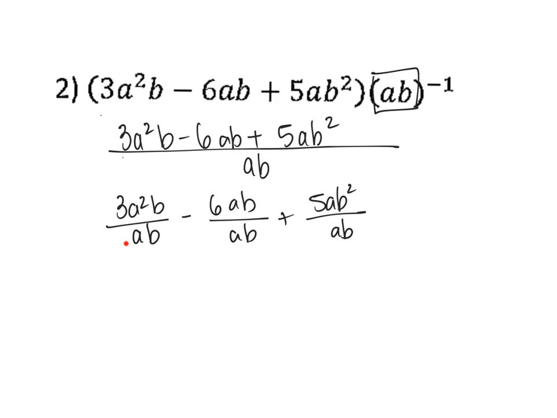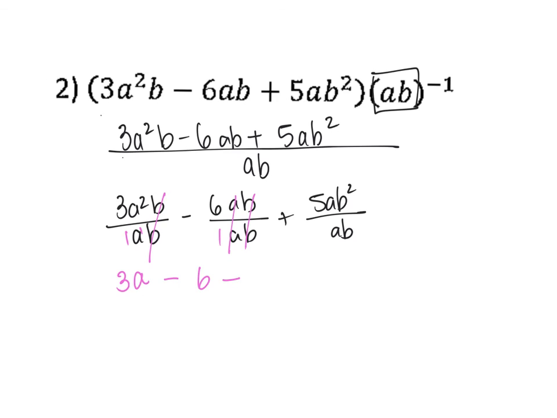So this is 3 over, it's really like a 1, so 3 divided by 1 is 3. A is squared here, A is to the first power, so if you divide, you subtract the exponents. That's 2 minus 1, which is just 1 as a power. So that's just A. And then minus 6 over 1 is just 6, since the A's cancel and the B's cancel because they're the same exponent.